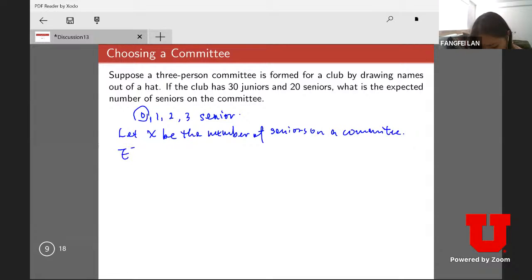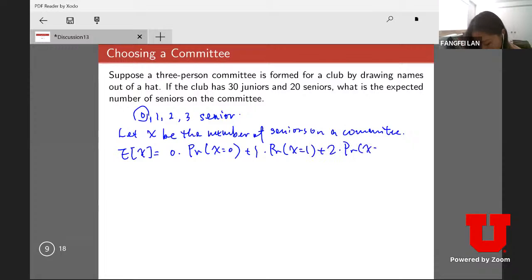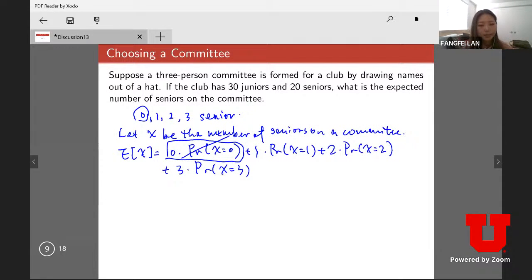Then the expected value of X is 0 times the probability that X is equal to 0, plus 1 times the probability that X is equal to 1, 2 times the probability that X is equal to 2, and 3 times the probability that X is equal to 3. And the first term is 0, so disregard it. So now we have these 3. How do we compute each one of these?